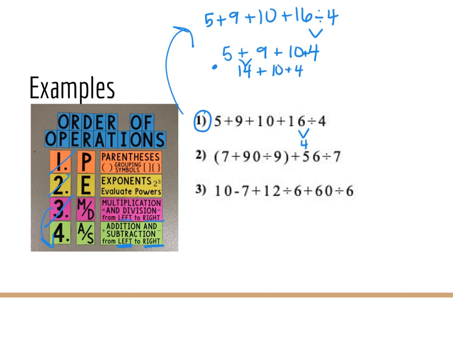Continuing to add from the left to the right, 14 plus 10 is 24, plus 4, and then 24 plus 4 is equal to 28. So that would be our answer for the first one. All right. It's important that we show our work because I can picture us accidentally skipping a step or adding something twice if we don't do that.